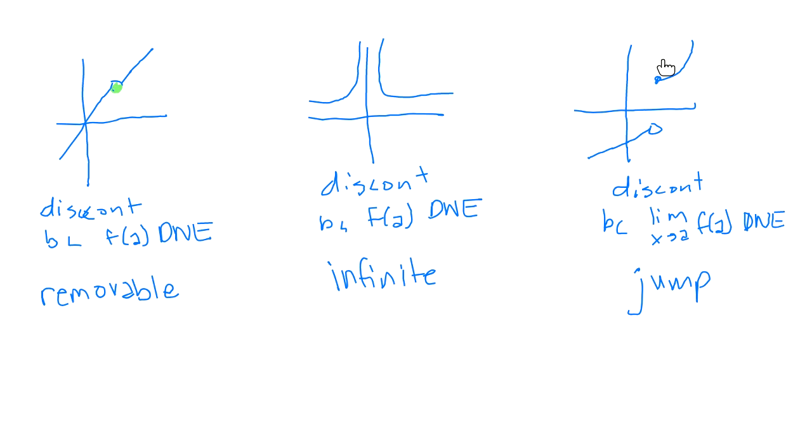So now that we have that, we have a couple of things that I need to define real quick. All right, one last thing I need to go over before we start getting into all the theorems and such. You can have one-sided continuities.